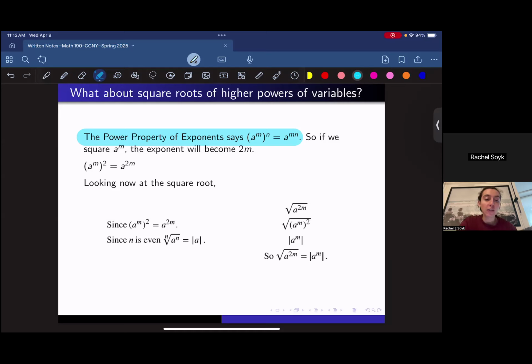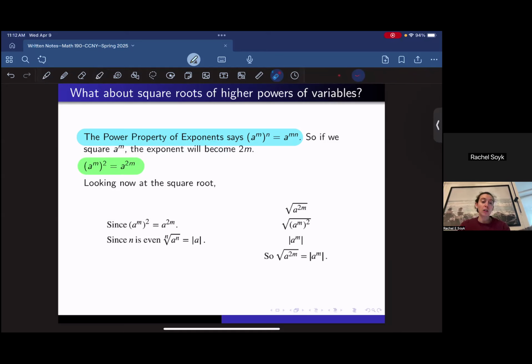And so if we square a to the m, the exponent will become 2m. And actually, they kind of show it to you right down here. I was going to write it out, but a to the m raised to the second power is the same as a to the m times 2, which is same as a to the 2 times m.